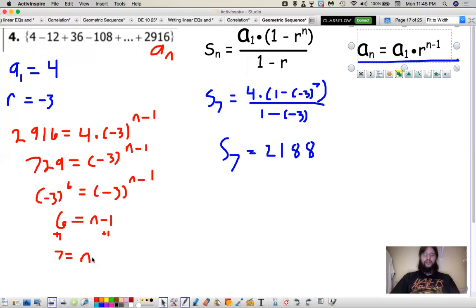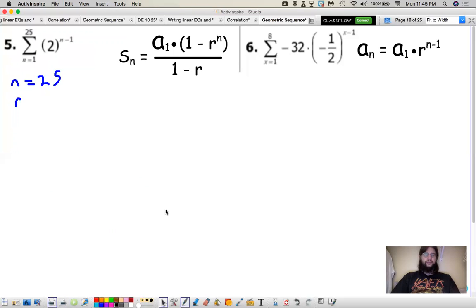Maybe it has something to do with this. Look, it's A1 times R to the N minus 1. Huh. So R is 2. It's got to be the thing raising the power, right?